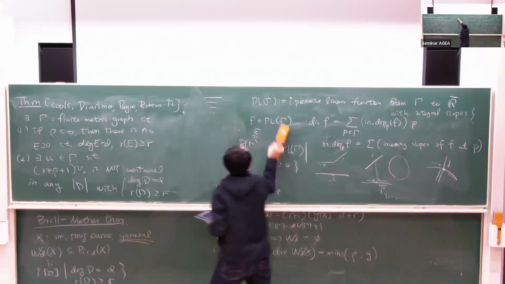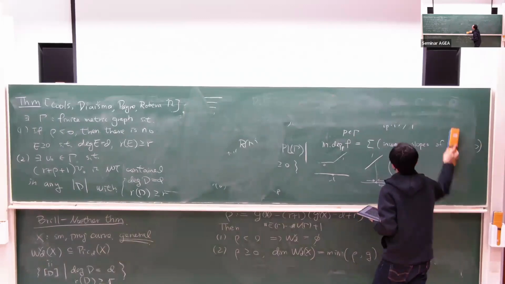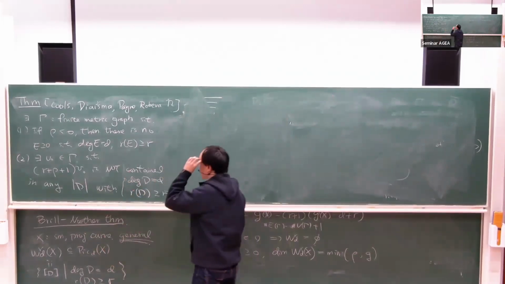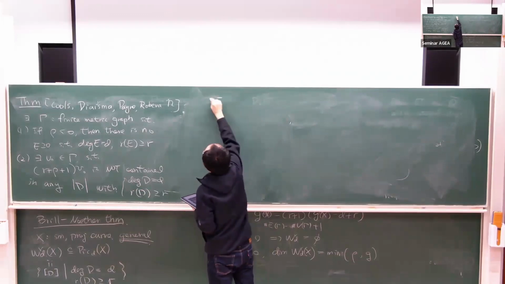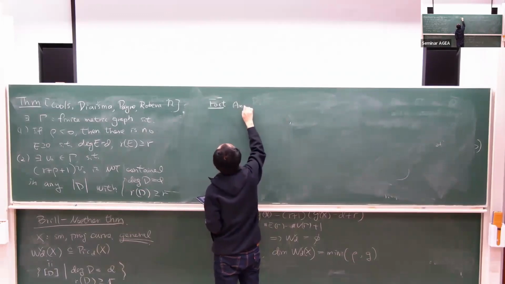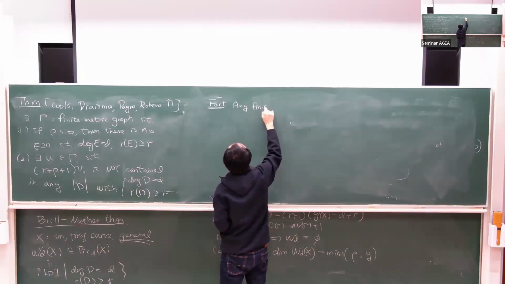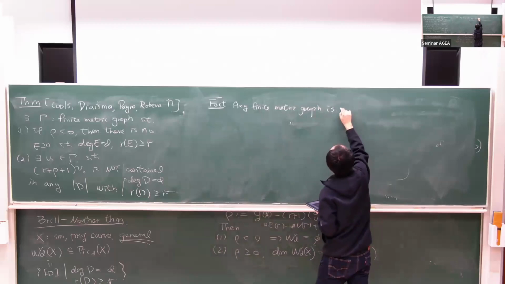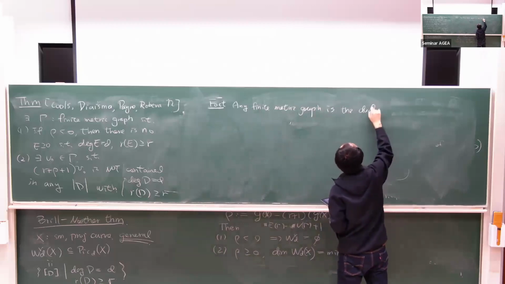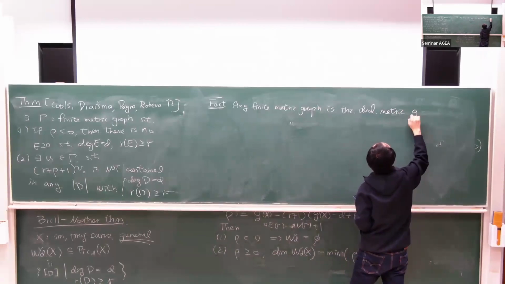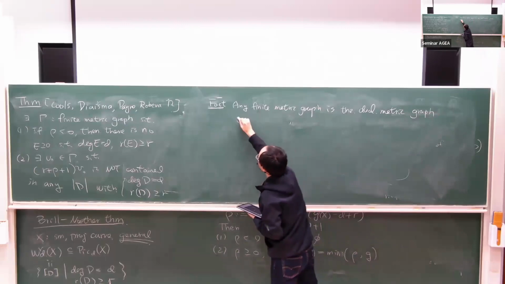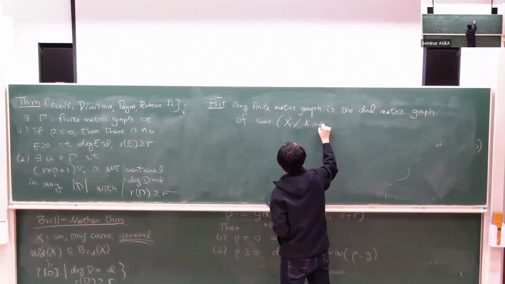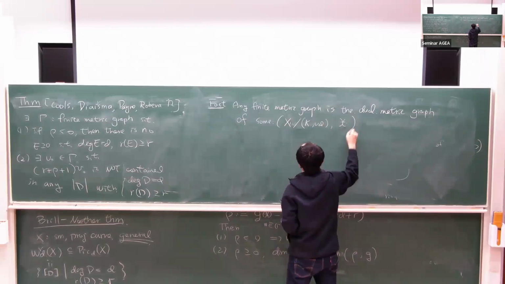And so what I did is that it's a basic fact that any finite metric graph is the dual metric graph of some smooth projective curve over some algebraically closed valued field together with a regular semi-stable model.